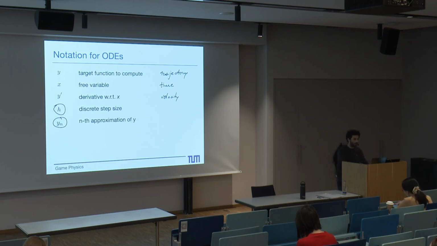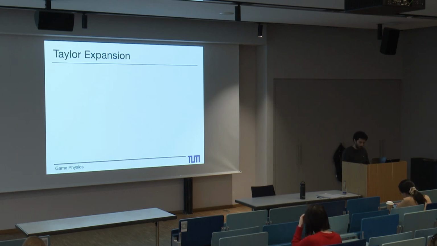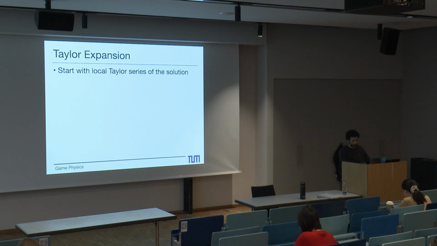So the basic thing that we are going to use for our work is based on Taylor expansion. Taylor expansion is a very useful mathematical tool that allows us to approximate the function at a given point based on the derivatives calculated at the very same point.